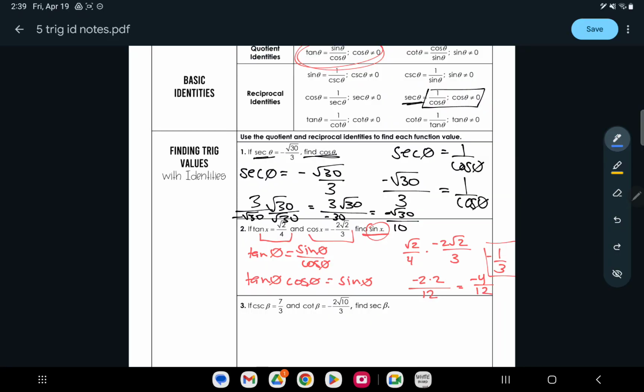All right, I'll do an even new color, cosecant and cotangent. Find secant. I'm sure there's a couple ways to do that. Well, cosecant is 1 over sine.